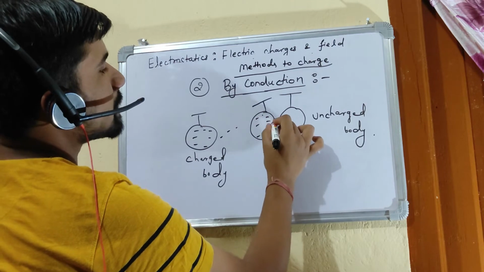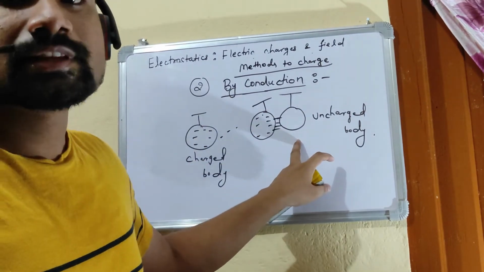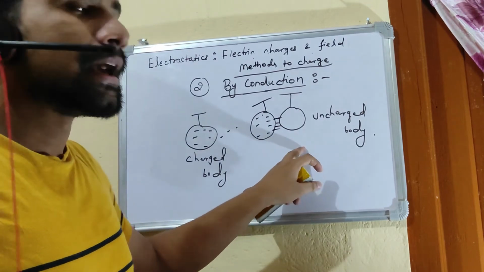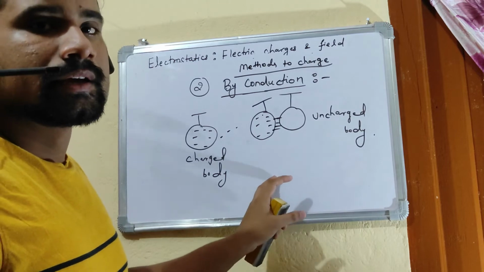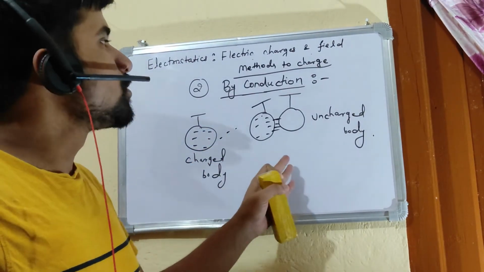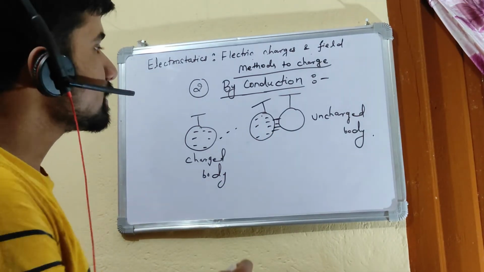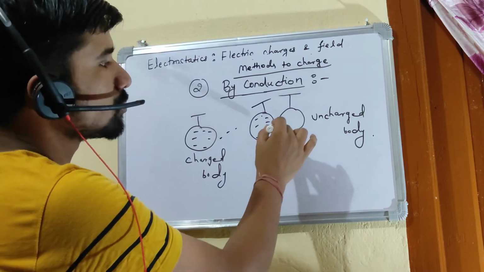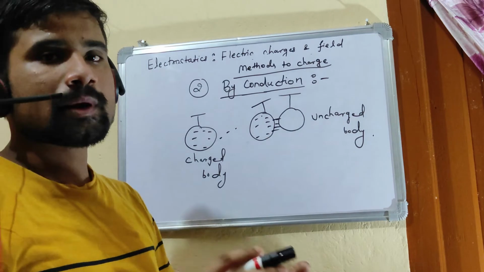So there is a direct contact here. When this negatively charged body comes into contact with this uncharged body, what will happen is it will share its charge with the uncharged body till these two acquire a common potential.